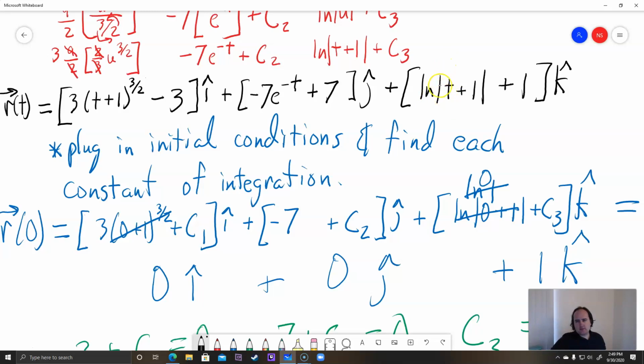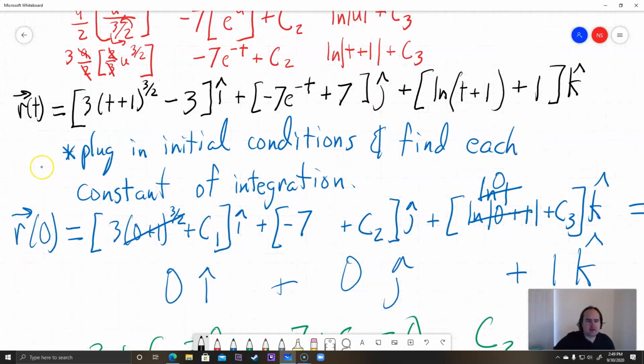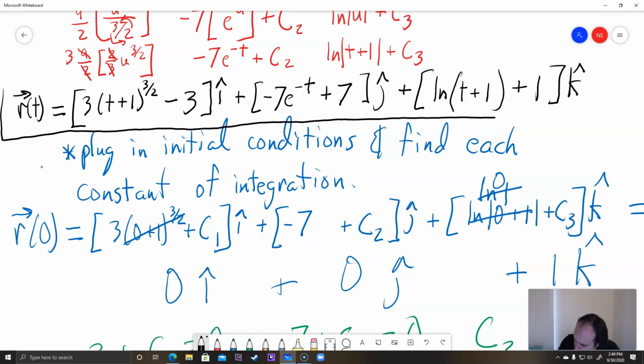But anyway, just so you know, they are not writing the absolute value there in their answer. They just wrote parentheses, so I'm going to follow what they did. So that big function there, that's our vector function, r of t, and that's our answer. This whole thing here.